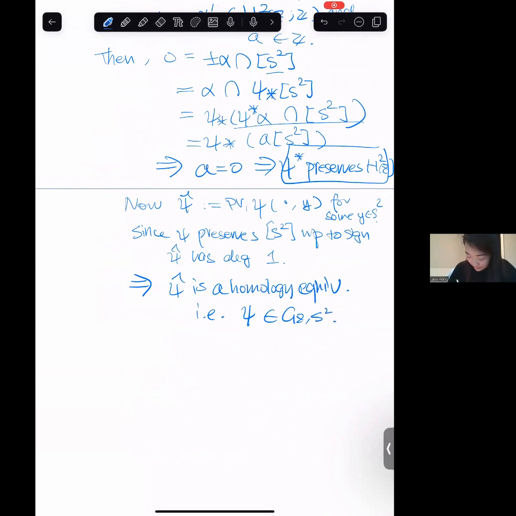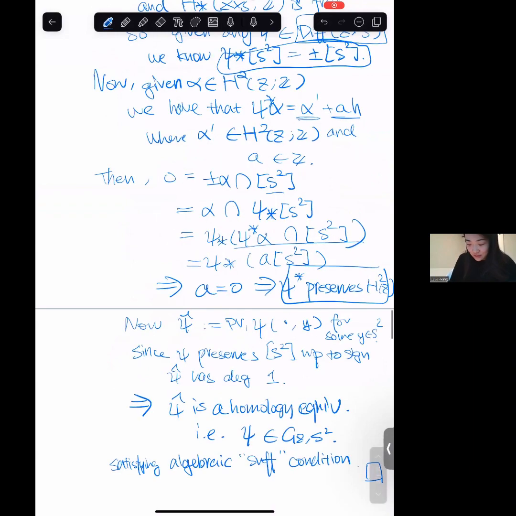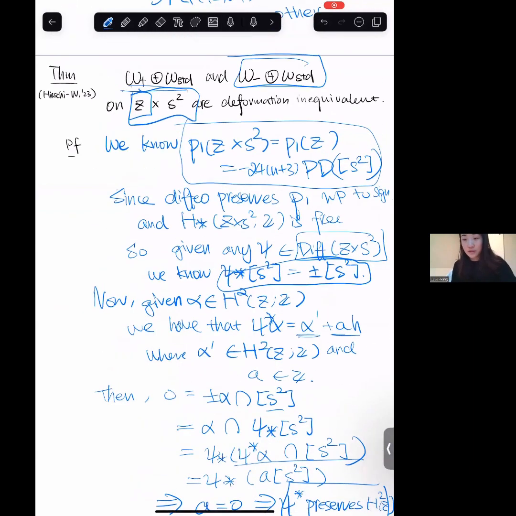And so the algebraic sufficient condition is checked. So we're done. We know that the stabilized symplectic forms are non-deformation equivalent.